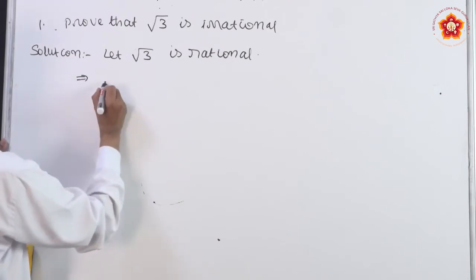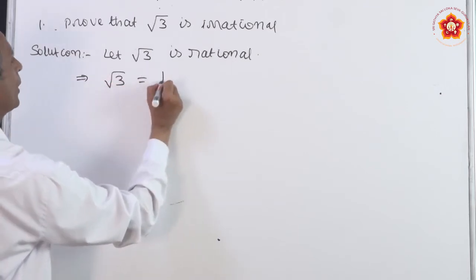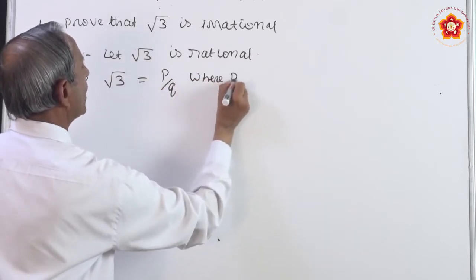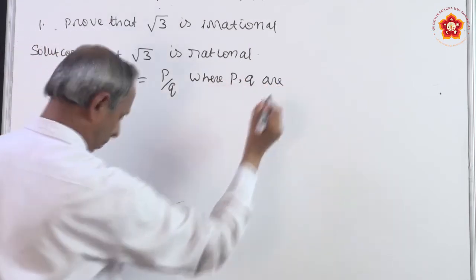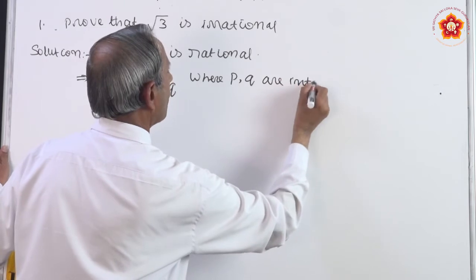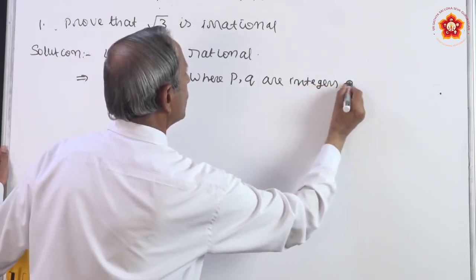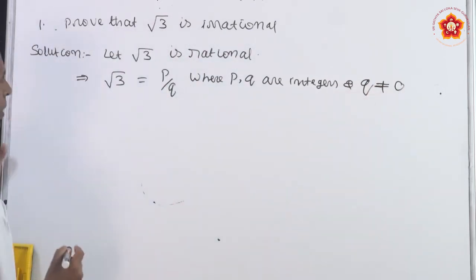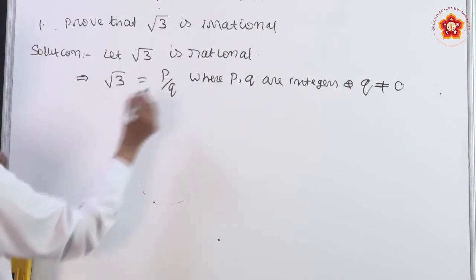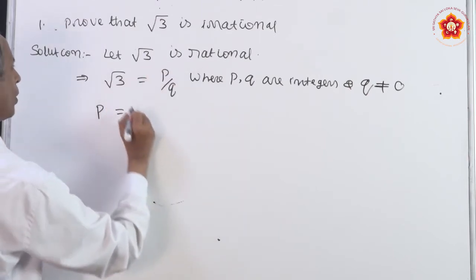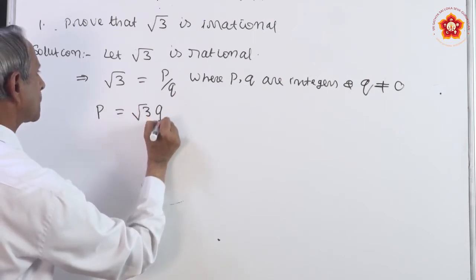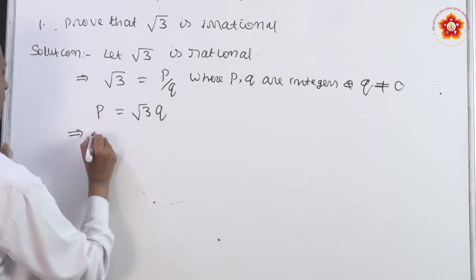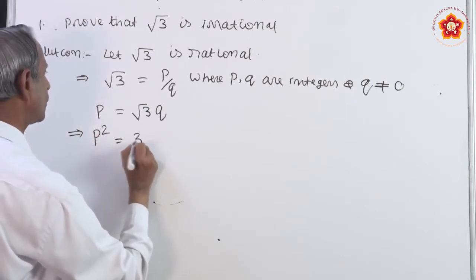That implies square root of 3 can be written in the form of p by q, where p, q are integers and q is not equal to 0. Now from this equation, by cross multiplying, we will get p equal to square root of 3 q. Now I will square both sides. That implies p square is equal to 3q square.